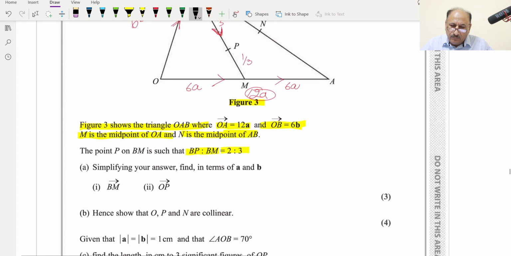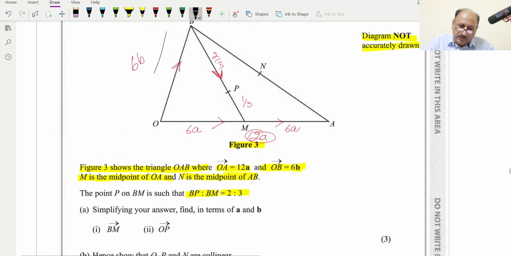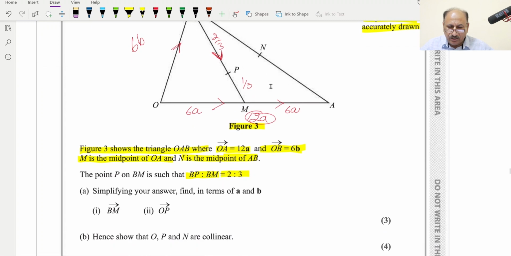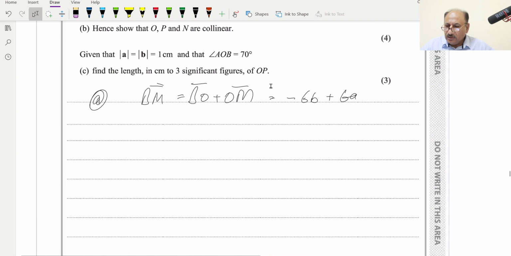Minus 6b because we are taking this route and it is negative. So it is 6a minus 6b.